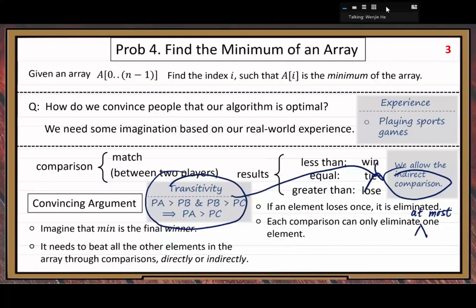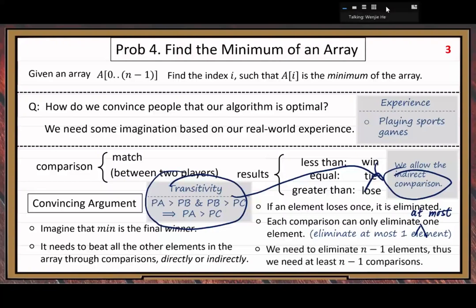Then the next statement, the last statement. We need to make our conclusion.